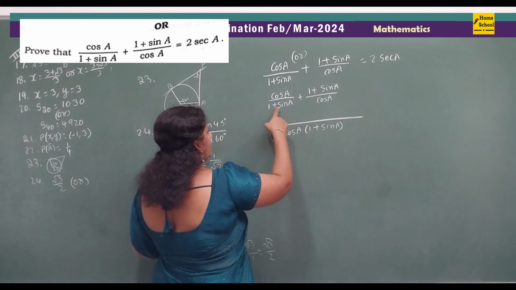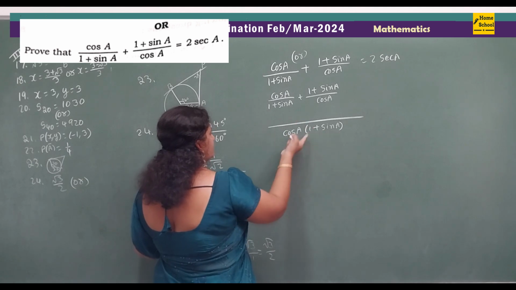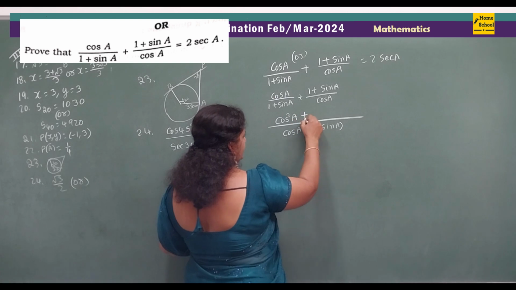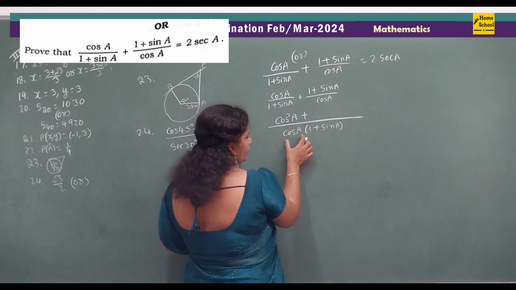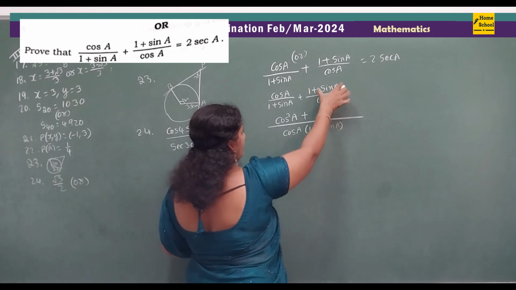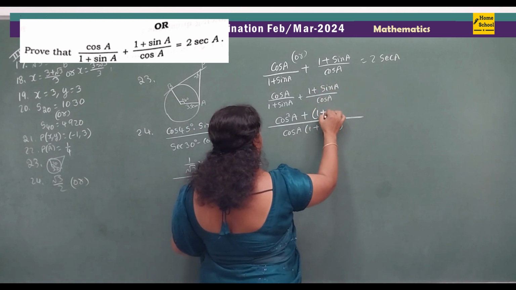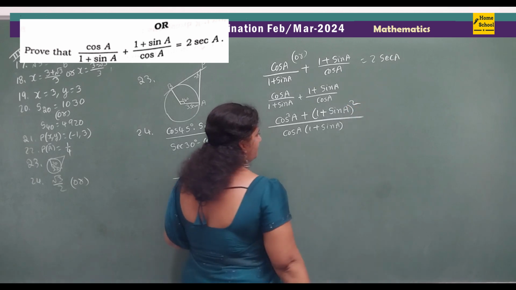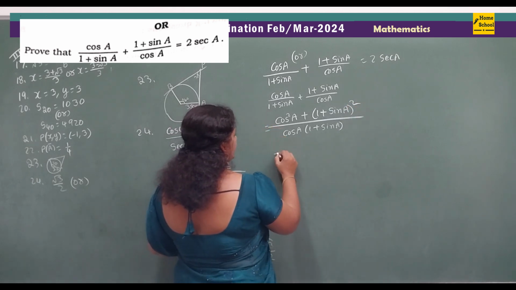Okay. Now here you have 1 plus sin A. This cos A, multiply up. That is cos square A plus. In this denominator you have only cos A. So this one multiply here. That makes 1 plus sin A whole square. Now simplify this one.